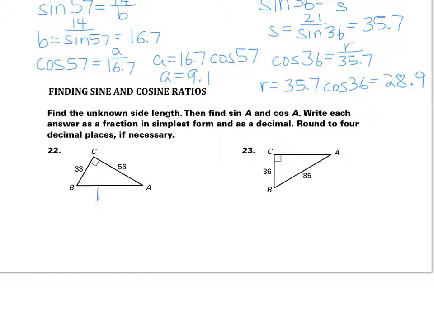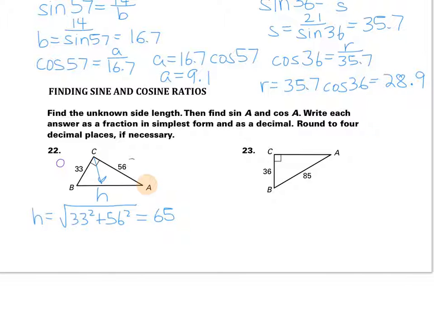So to find h, in this case, hypotenuse, it's going to be the square root of, since we're trying to find the hypotenuse, we add the squares of the other 2 legs. And when we do that in the calculator, we get 65.